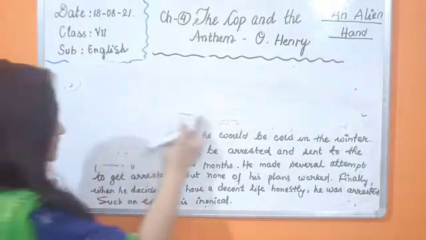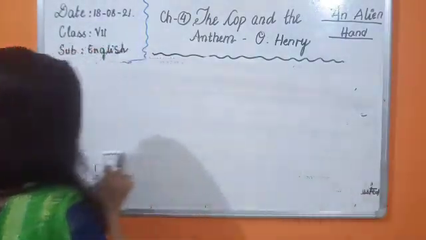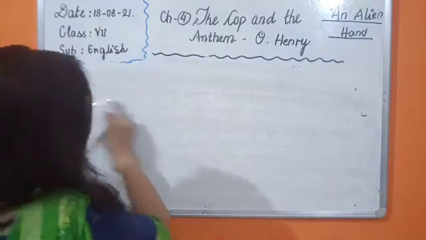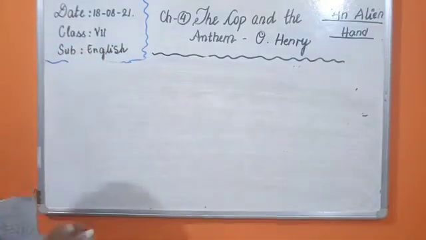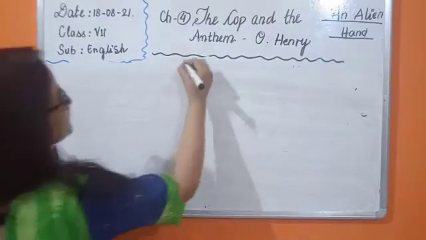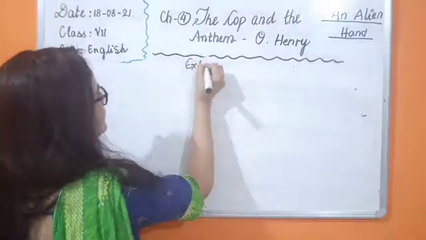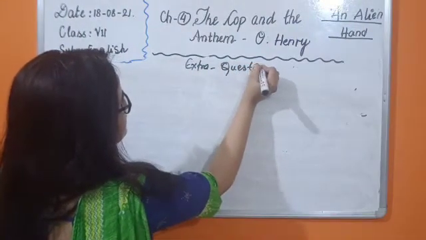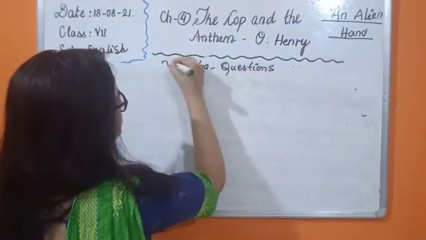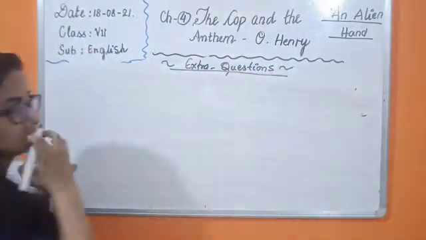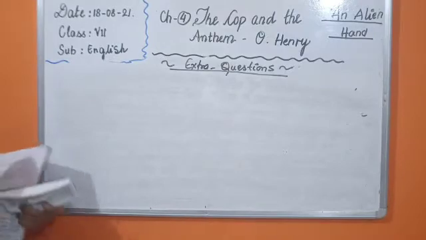I hope you have taken a screenshot. Now, question number 1. These are extra questions, children. You have to write these questions as well. These questions are really important in the text because questions might arise from here.